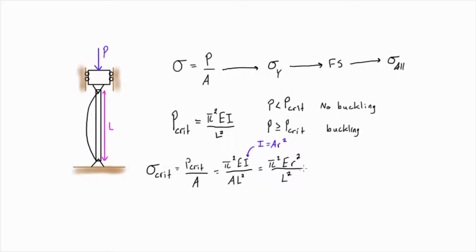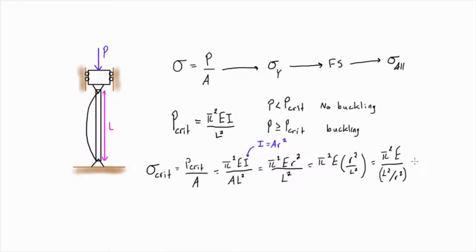Now we can reorganize this a little bit. Not leaving anything out, we have pi squared E multiplied by R squared over L squared. We can also write this as pi squared E divided by the inverse, L squared over R squared.